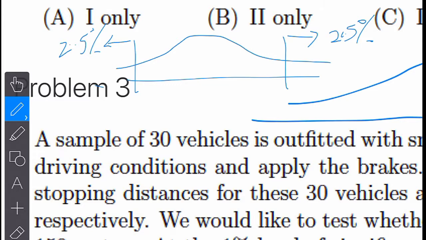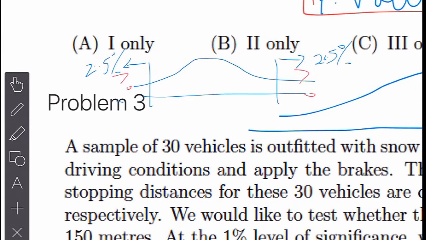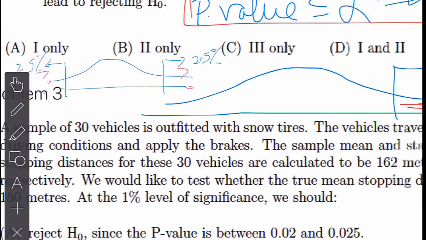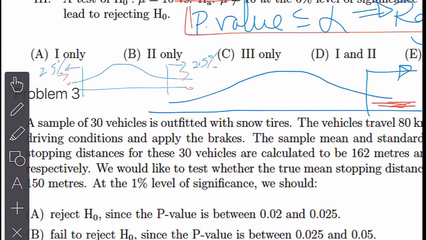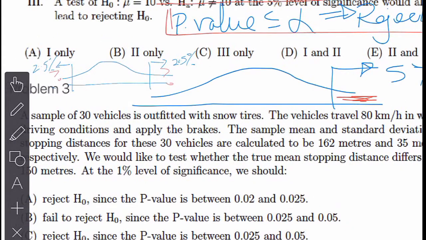The question is, are you necessarily going to be here or here because you're smaller than 5%? No, right? Just because you ended up as an outlier within the 5% rejection region doesn't mean you're going to end up here.